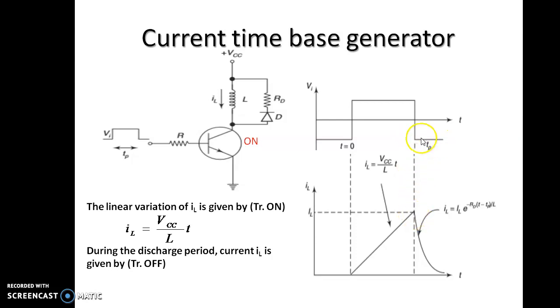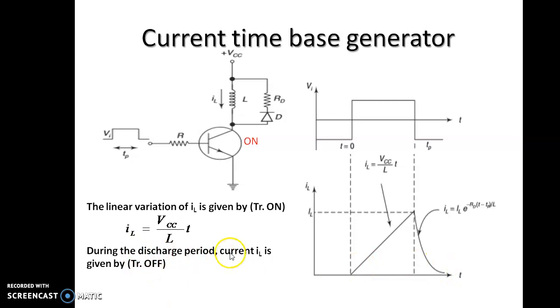And the gating pulse, this portion of the pulse, drives the transistor again to cutoff, and the current IL continues to flow through the diode and the resistance RD until it decays exponentially to 0.